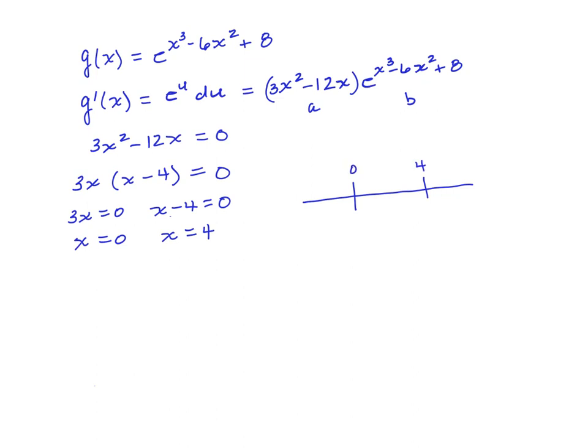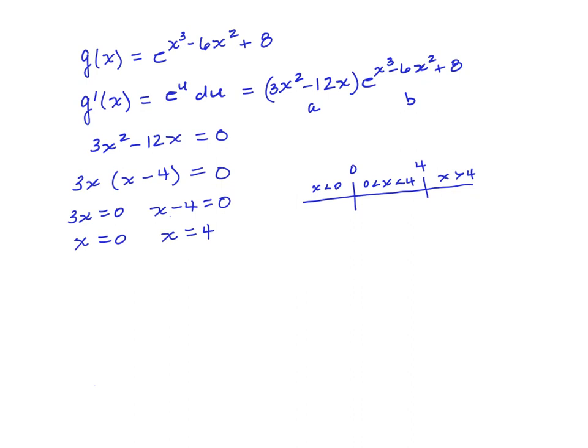And the question is, what happens if x is less than 0? What happens if x is between 0 and 4? And what happens if x is greater than 4? Because we know it's not 0. The only two zeros are at 0 and 4. So we're just going to pick any number, like for x less than 0, an easy way to check would be to put -1 in.